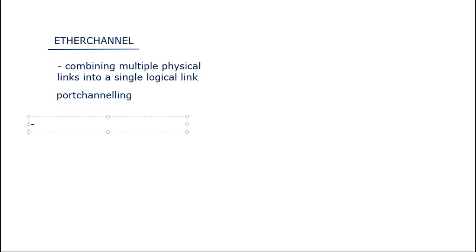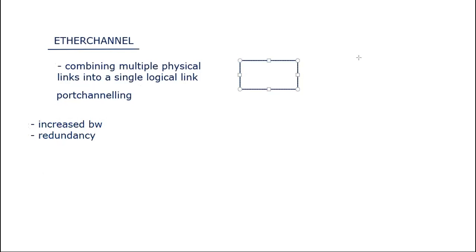By EtherChannel, what you get is increased bandwidth and redundancy. So let's take an example. Let's say you have two switches connected via redundant links, switch 1 and switch 2.